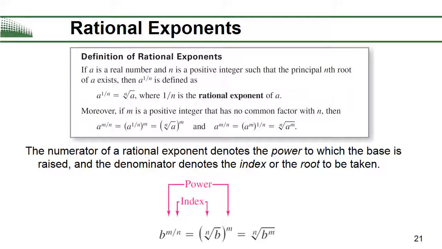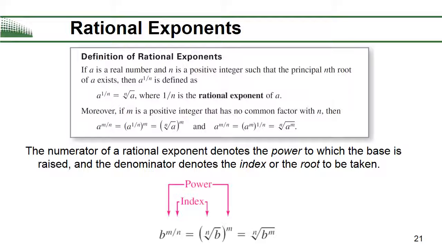And it gets even more interesting because if you have not just a root, but also a power, like the square root of 3 to the 3rd, you can take the root and the power and write them together as a fraction. The square root of 3 to the 3rd would be 3 to the 3/2 power.